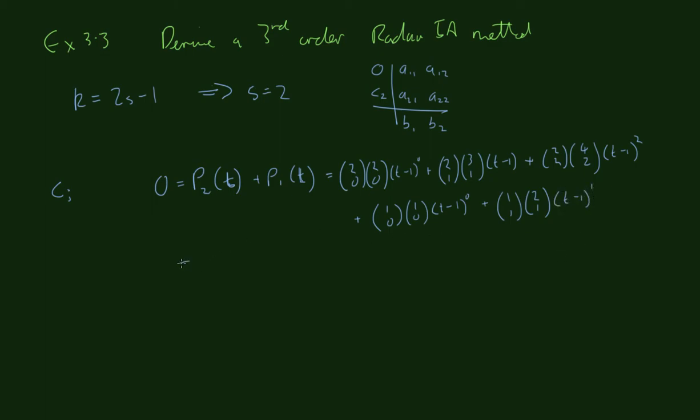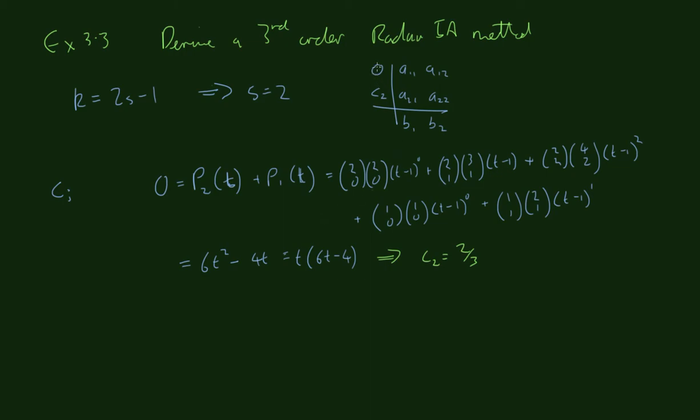If you simplify that, with a little bit of algebra, we get 6t squared minus 4t, or in other words, t(6t minus 4). You can see the roots of this quite easily, so that implies that our C2 value is going to be 2/3. So when t is 2/3, we have this equal to 0.